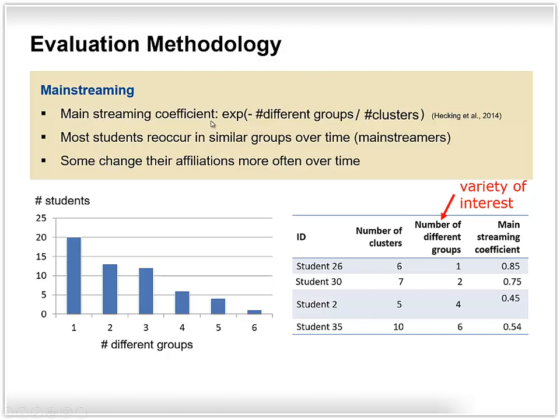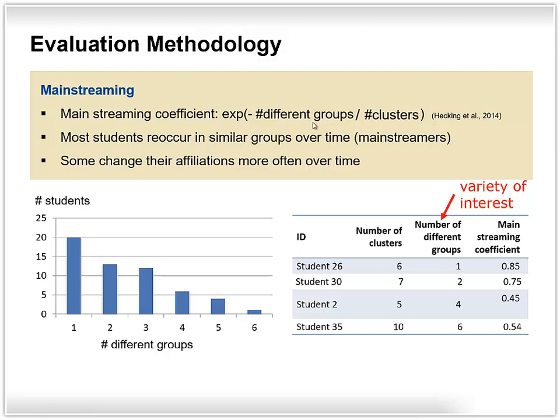We say the mainstreaming coefficient is based on the quotient of the number of different groups that a student belongs to, divided by the number of clusters that this student appears in. The groups may be constant over time.